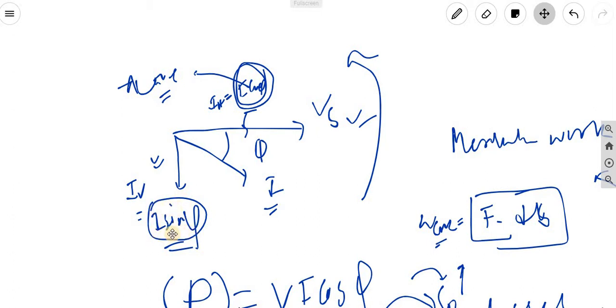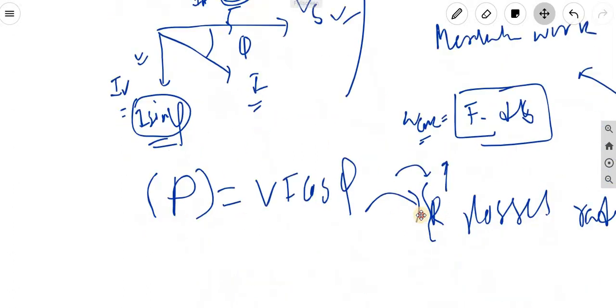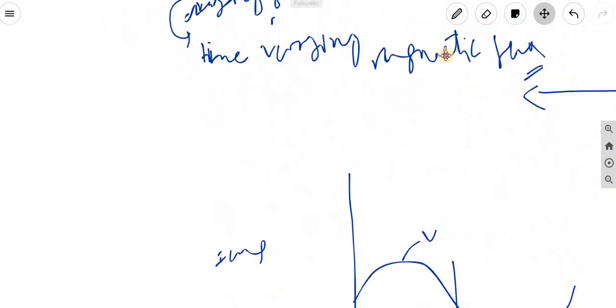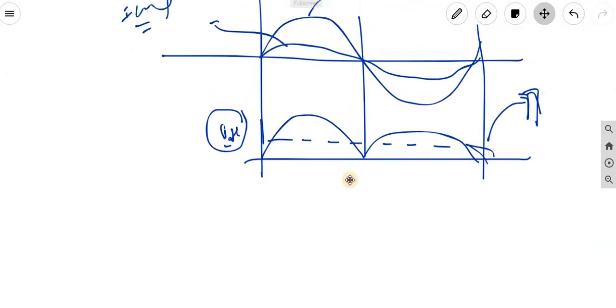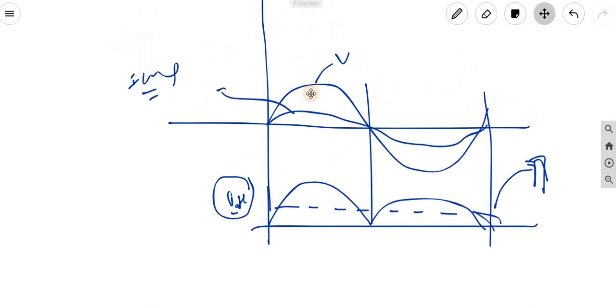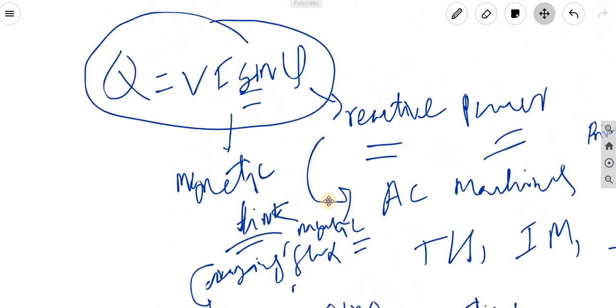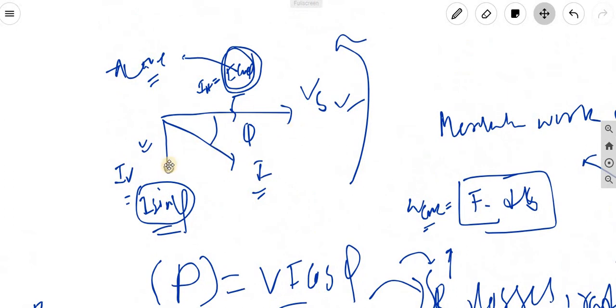Now in the same way, if you see the reactive component, this I sin phi is the reactive component. So what would be the presentation of the reactive component? It lags by 90 degrees with respect to this.